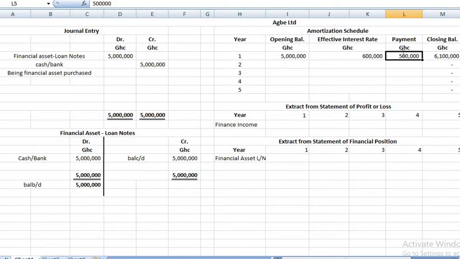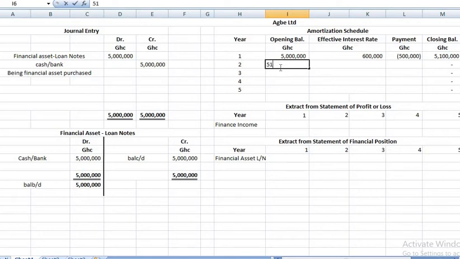So minus 500,000. At the end of the first year, we'll be having 5,100,000 as the closing balance. The closing balance will now become the opening balance in year 2.